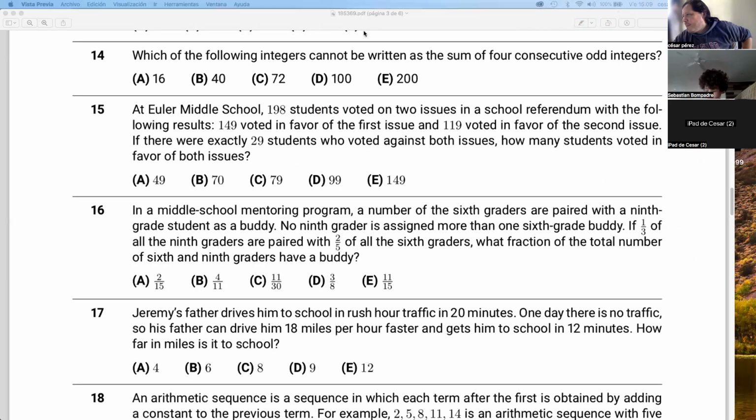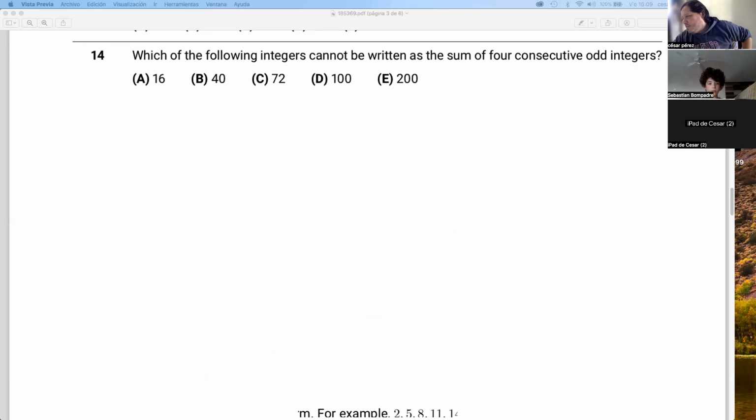Okay, let's do this one. You have ideas for solving this one?